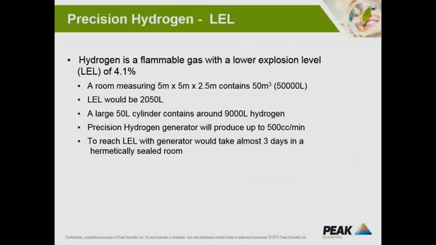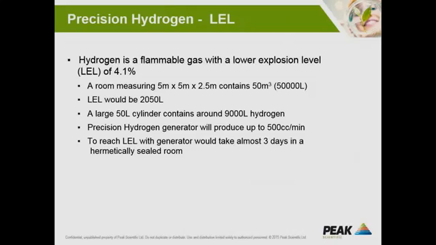Now, just a quick point on hydrogen safety, because one of the questions we're asked most often is about the explosive nature of hydrogen. Hydrogen is a flammable gas, and it has a lower explosion level of 4.1% in atmosphere.